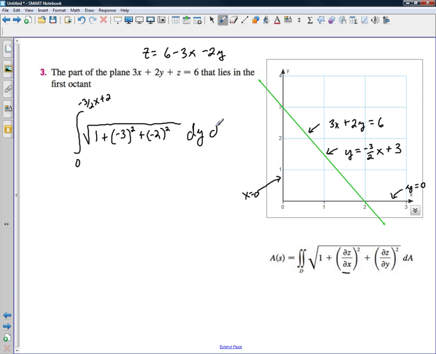And then paying attention to our x's, our smallest x is 0 and our largest x is 2. Now, working on this, we have the square root of 14 here.